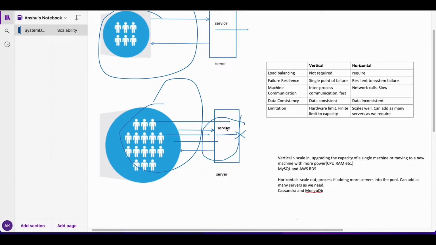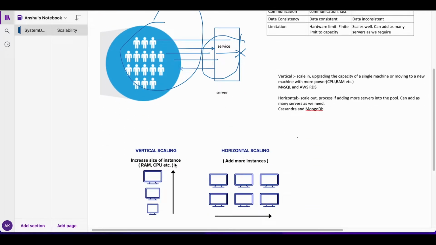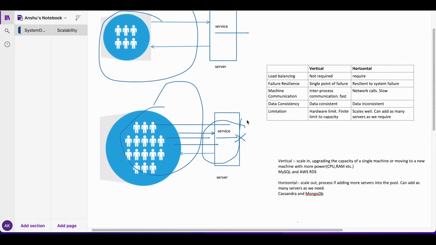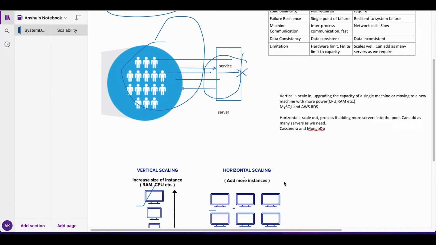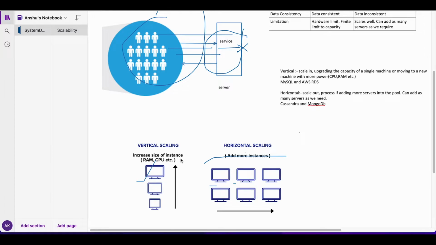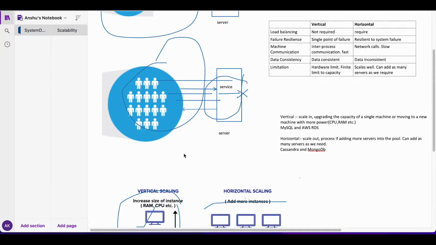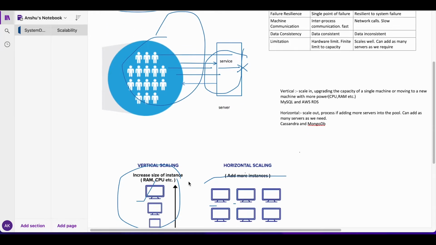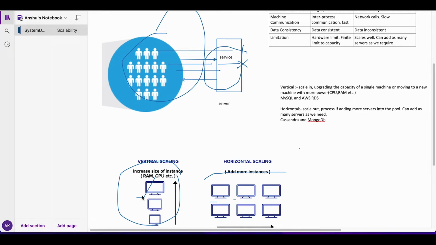You can solve this problem by adding extra hardware, or by upgrading the current system configuration. Adding extra hardware means you can add extra servers, and upgrading the current system configuration means you can upgrade the capacity of a system, or move to a new, bigger machine.